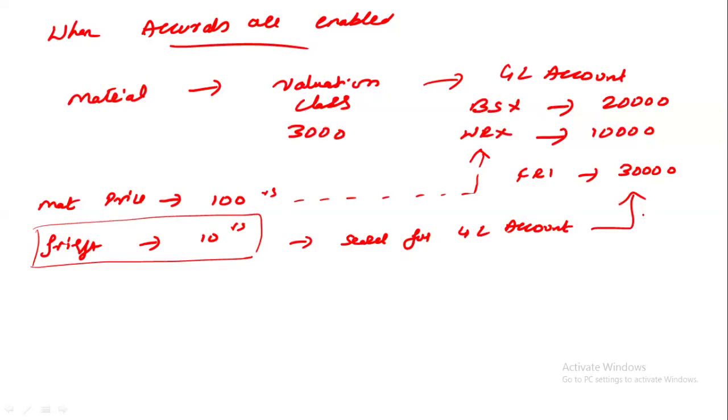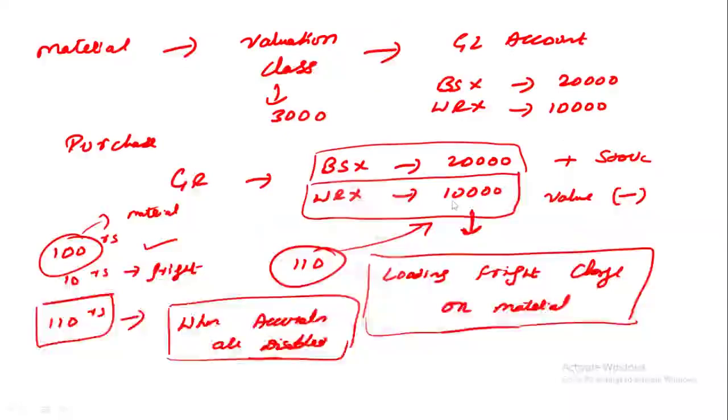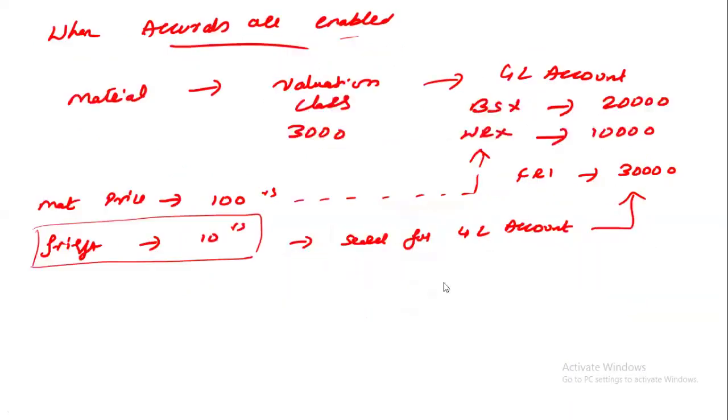So this is when accrual is enabled, and when accrual is not enabled, this is the case. In this case, the freight value is getting loaded on the material. In this case, freight is not loaded on the material.